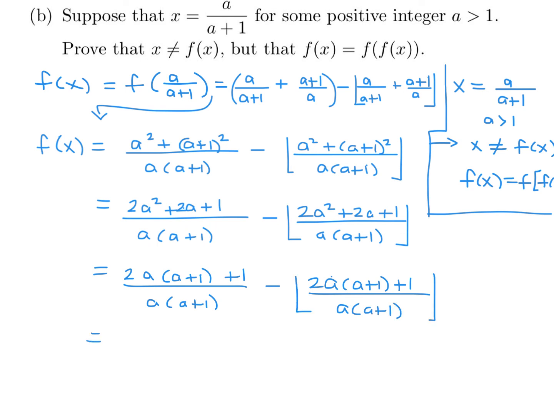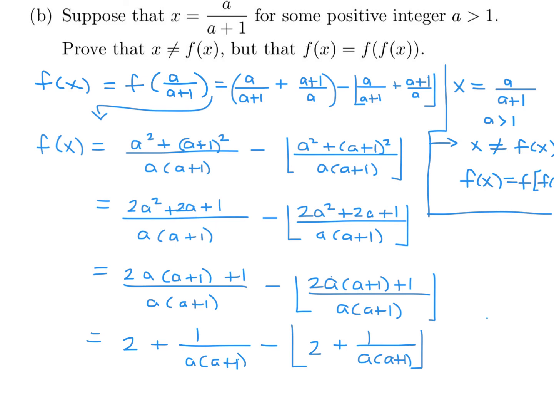And then now, if we break this up, if you have just this over this, that will just leave us with 2. And then we can have this 1 over a times a plus 1. And in a very similar way, it would be 2 plus 1 over a times a plus 1, like that. Okay, now keep in mind that a is greater than 1, right? And it's a positive integer.